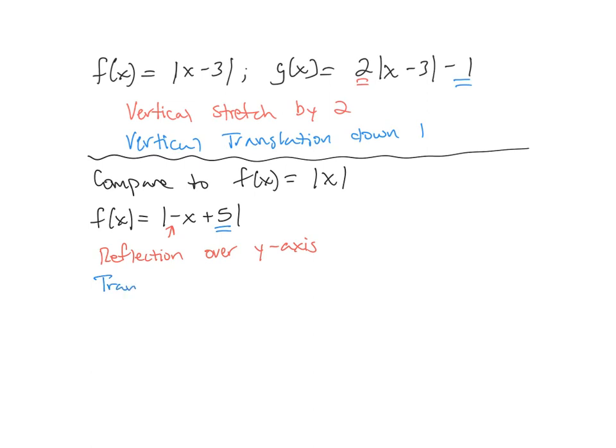Anything that's being added or subtracted is a translation. And remember, on the inside we do opposite, so that positive 5 would mean go to the right, but this is going to be a translation to the left 5. We forgot to write in horizontal translation.